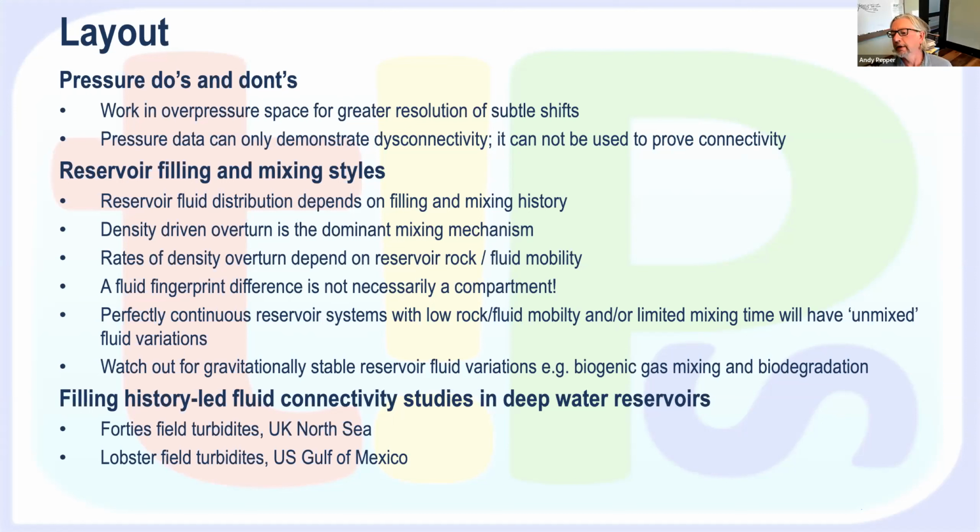I don't think you preserve pressures and then preserve them after you fault a reservoir. The pressure is going to continue to evolve in those 2 separate compartments. But I'm not sure if I understand the question.